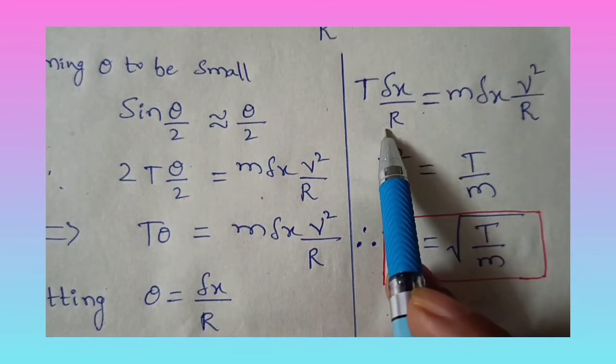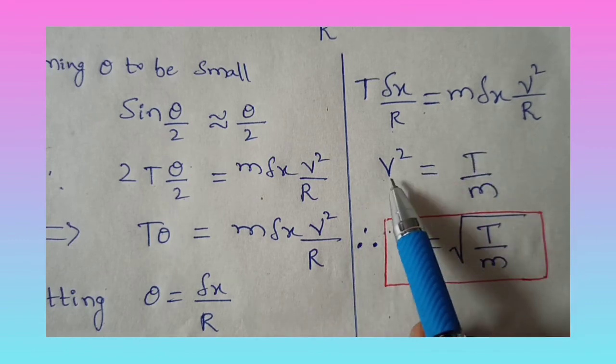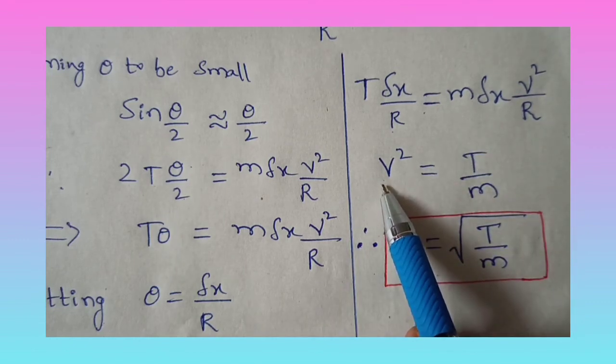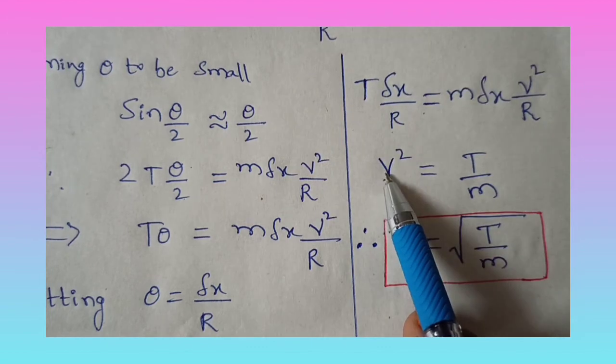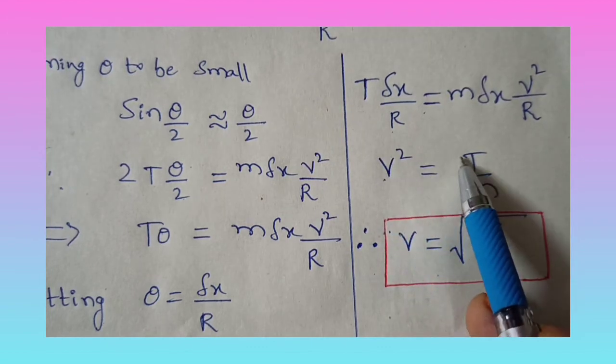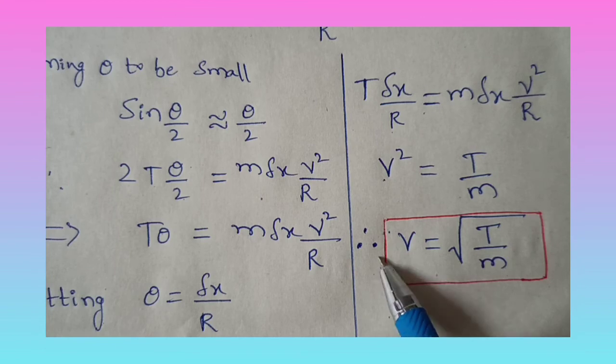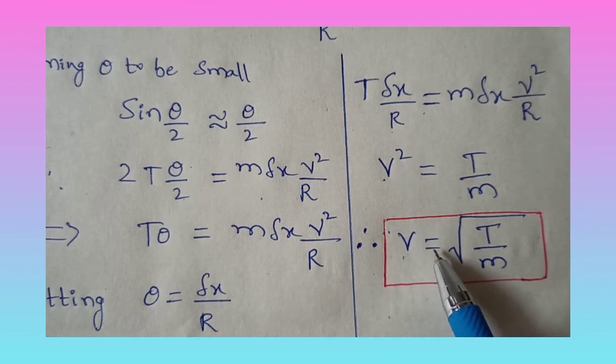Here delta x by r and delta x by r get cancelled. What remains, since we are finding the velocity, is to take v on the left hand side, that is v square equals T by m. Therefore, v equals under root T by m.